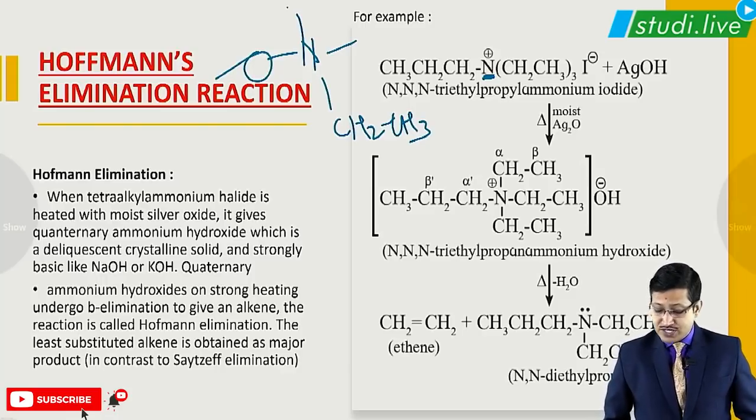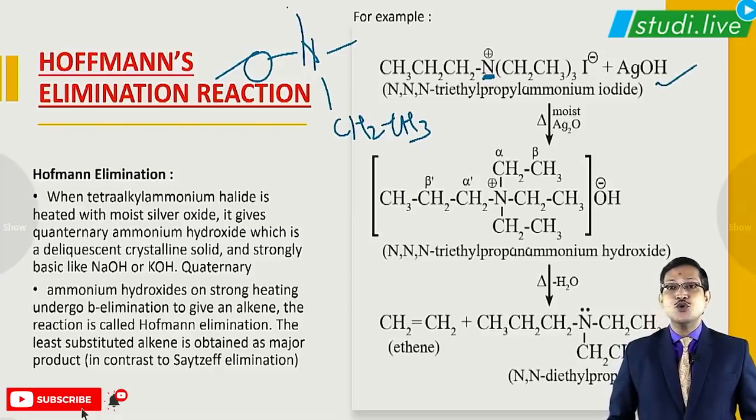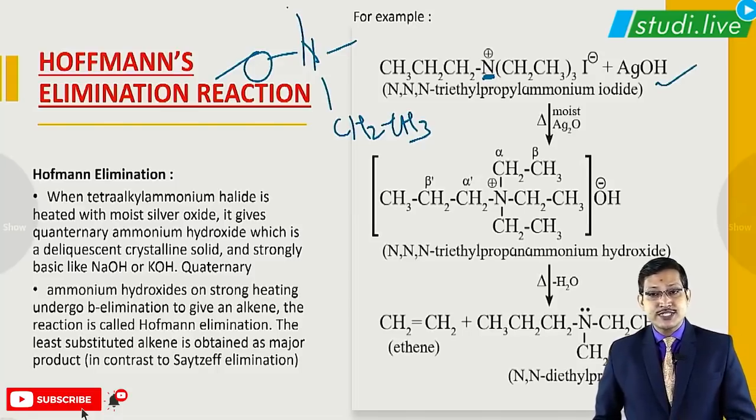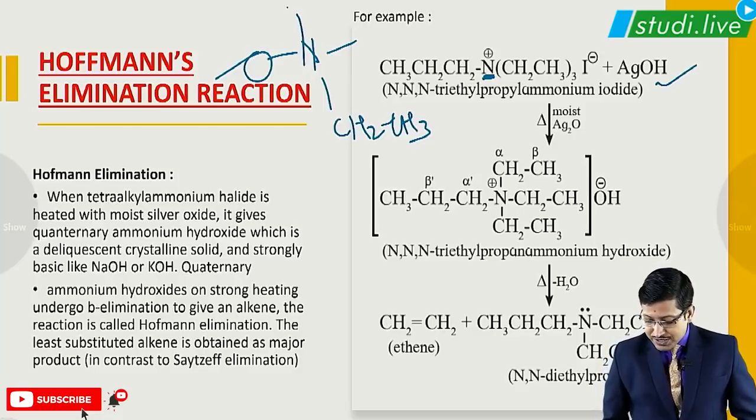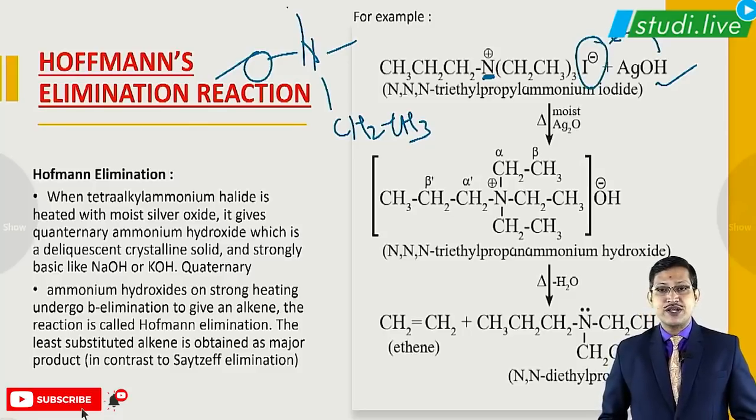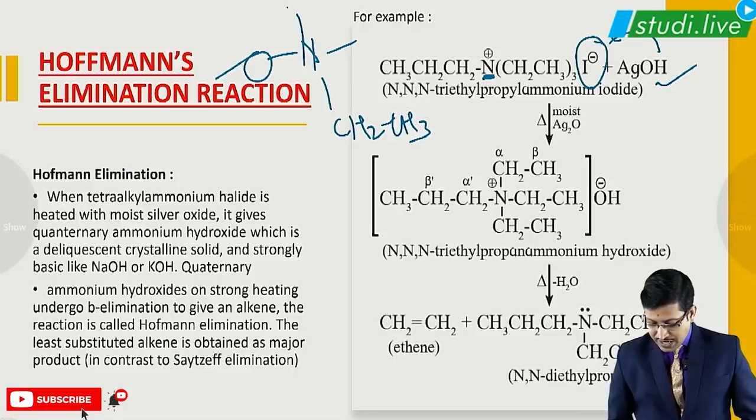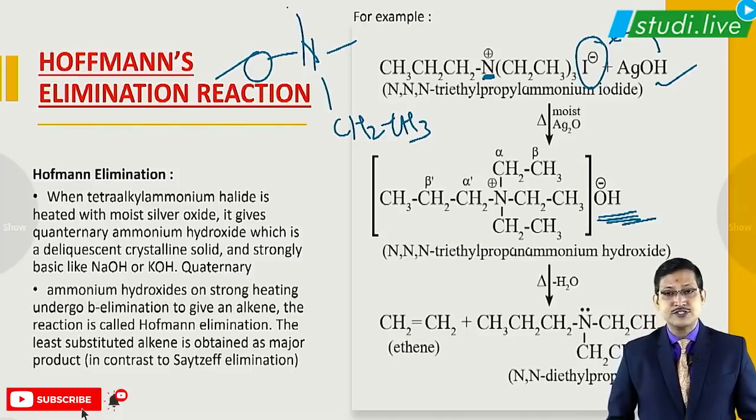These 4 groups will combine with AgOH. What is AgOH? Silver hydroxide. So when this reacts with AgOH, the simple thing that happens is I and OH get replaced, and this gives you OH minus. So this is the formation of OH minus.